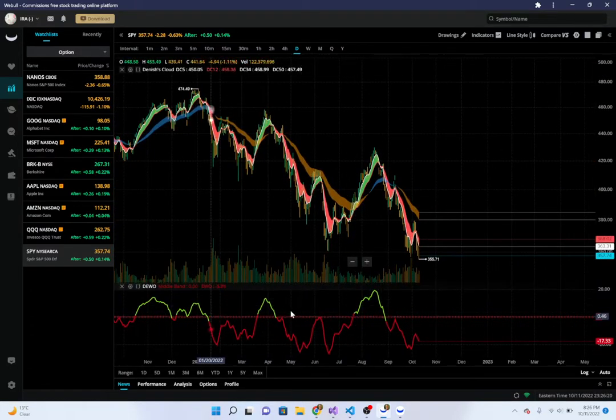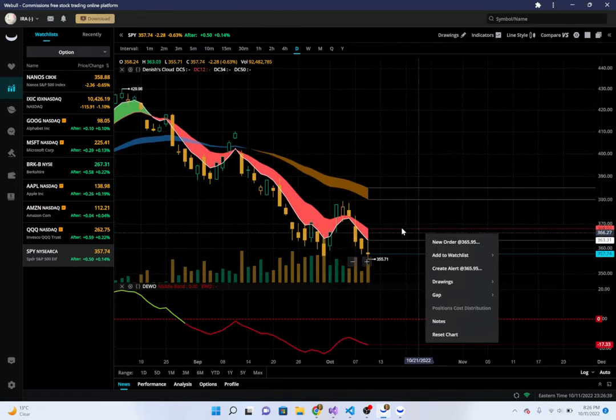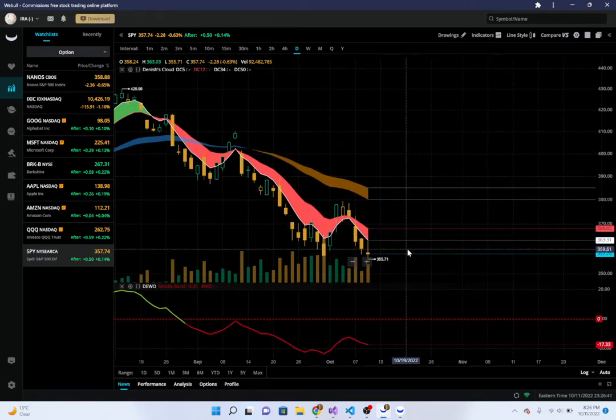You can tell that the probability of red over green is too much at this point. So it's approximately 0.75 to 0.25. It's a lot. So the daily chart still has a few days to go before everything starts turning in favor of the bullish players.